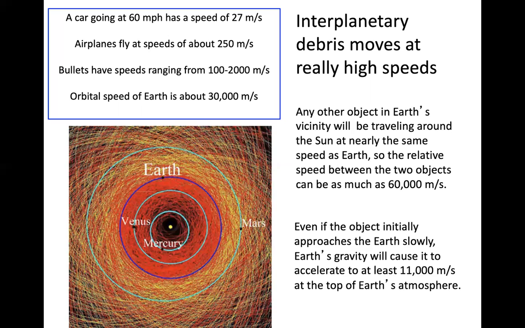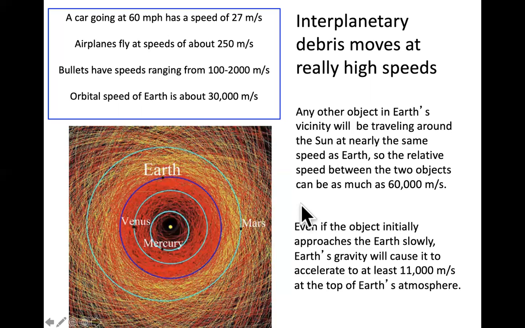Even if something is approaching the Earth very slowly, Earth's gravity is going to pull it in. And it turns out that just that alone will cause the object to be moving at 11 kilometers per second once it gets to the top of Earth's atmosphere. So these objects coming in are moving fast, so they carry a lot of energy for their mass.